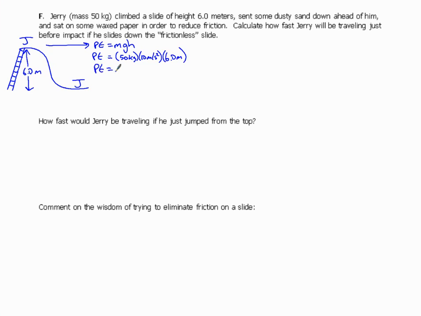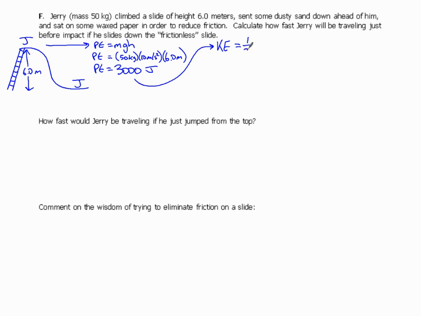So Jerry's potential energy at the top is 3,000 joules. So if we want to know his kinetic energy at the bottom, we're going to put this number in for the kinetic energy at the bottom. This is the point where Jerry has no potential energy left. It has been converted to all kinetic energy.